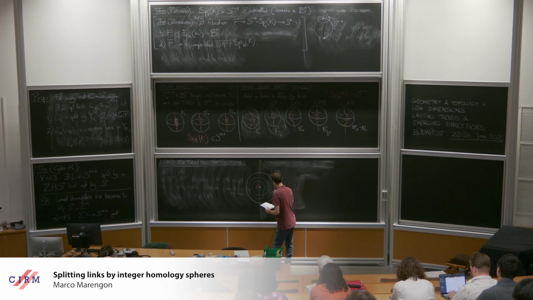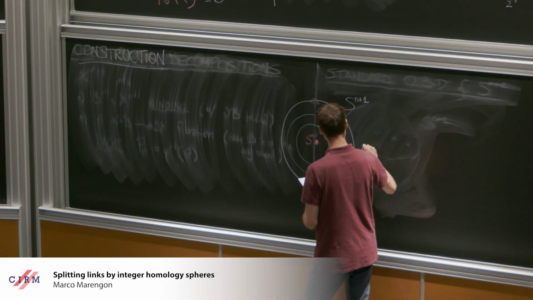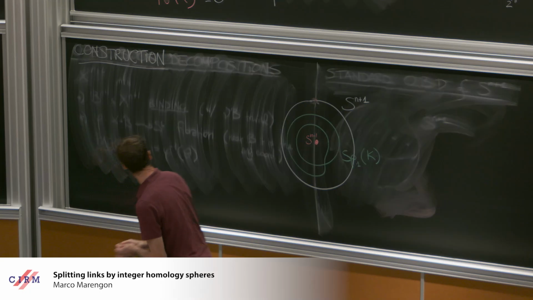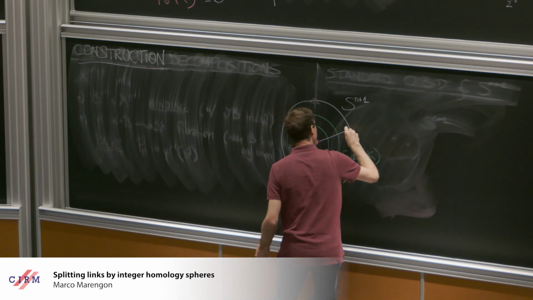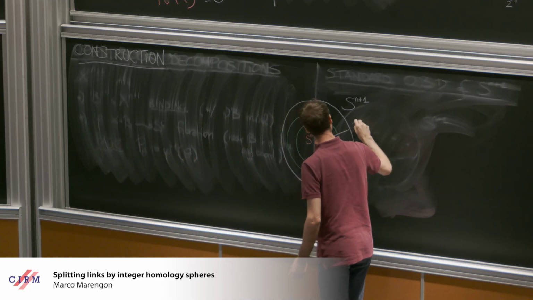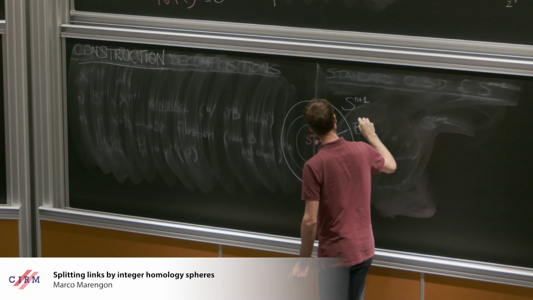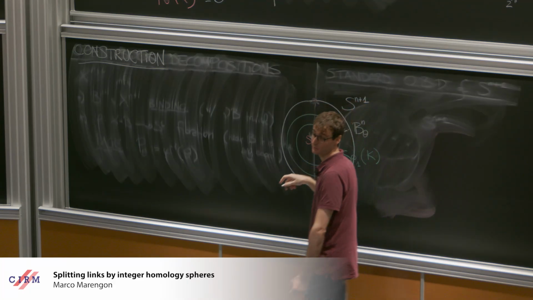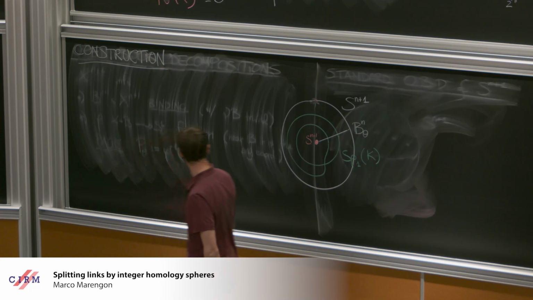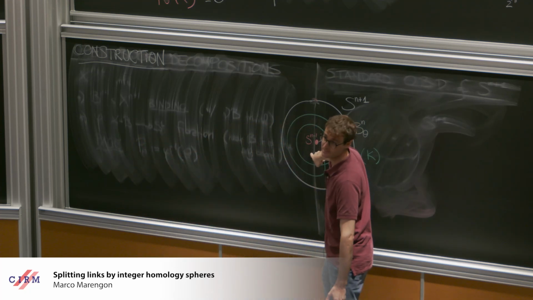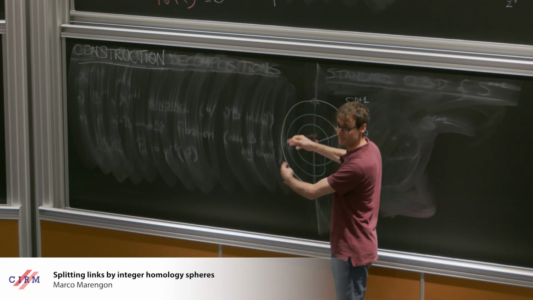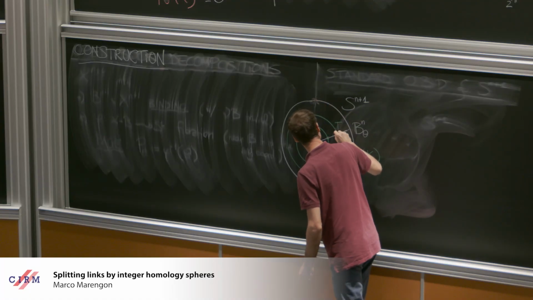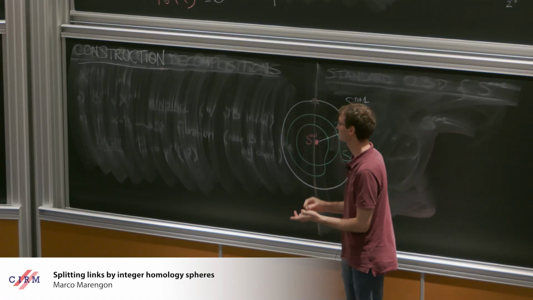So this is SP_1 of K. And now, if you take a page of this open book decomposition, then what you see in here is the tangle T_K. So the tangle really goes to the S^{n-1} as well, but it's a schematic, so you don't see it. So this is T_K.